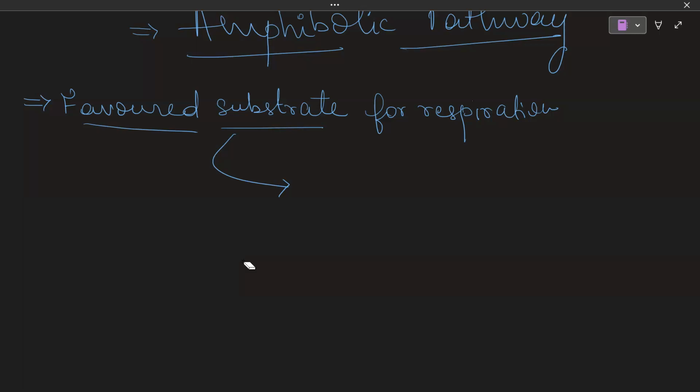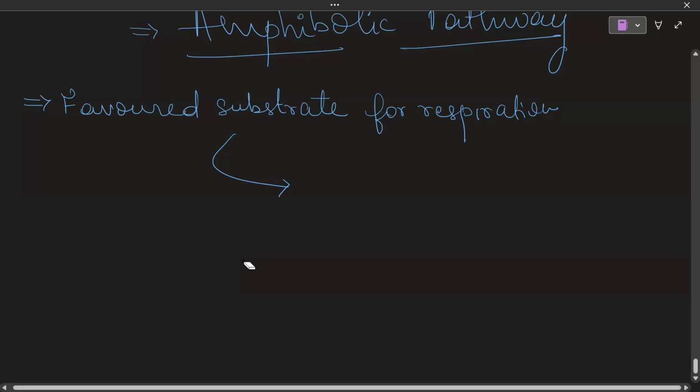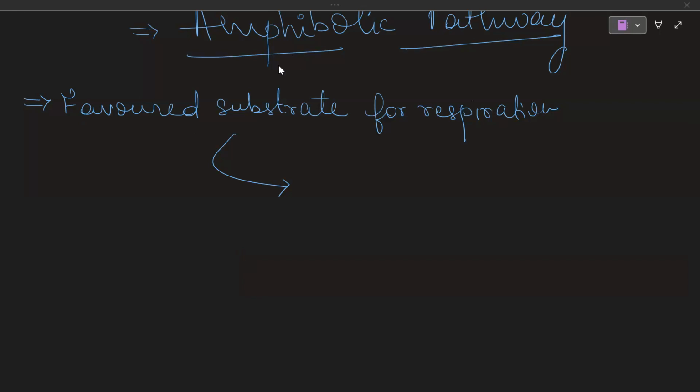You people have completed the whole chapter, almost coming to the end of it, and you don't know what the favored substrate for respiration is. Have you heard of the very unique name known as glucose?